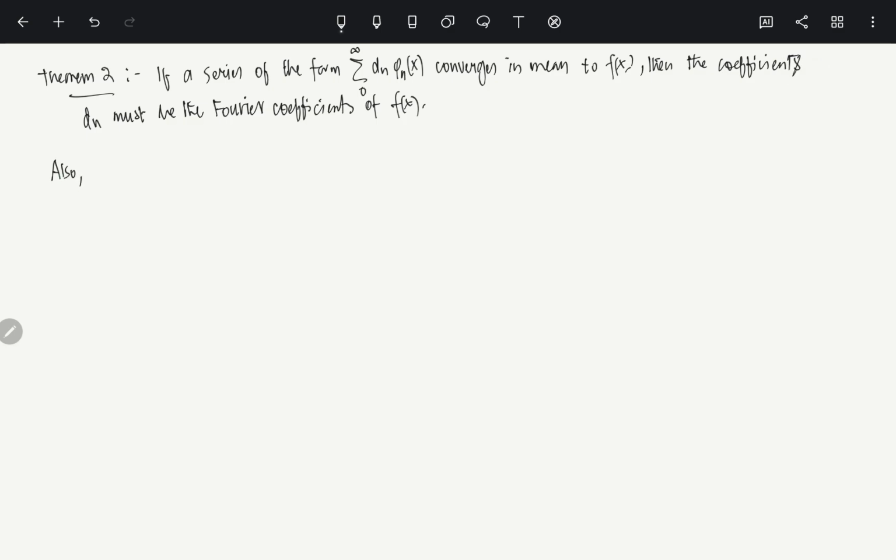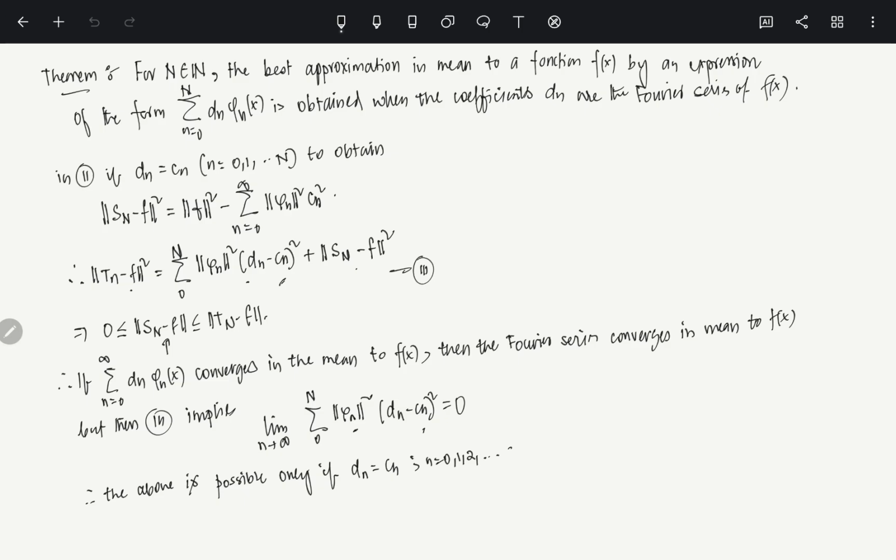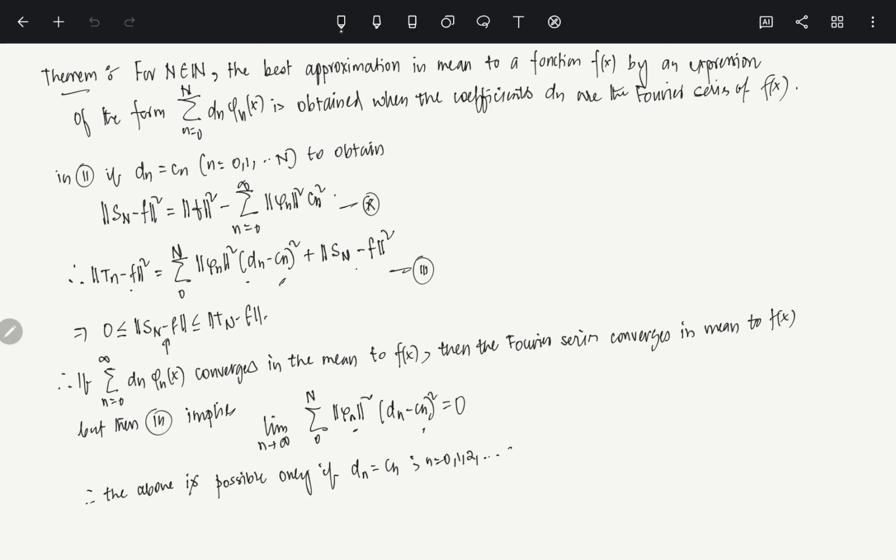Now let's look at a different thing here. From this inequality, which I'll call star, what do we have? We have 0 is less than or equal to the norm of S n plus 1 minus f, which is dominated by the norm of Sn minus f. If you are taking n plus 1, there is another term, so we basically have a non-increasing sequence.